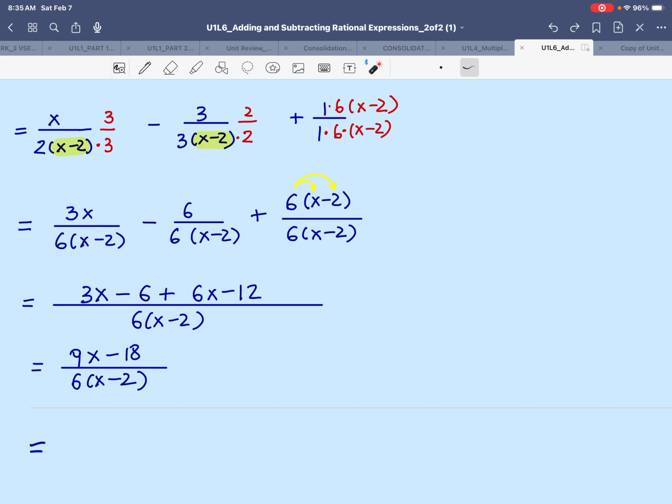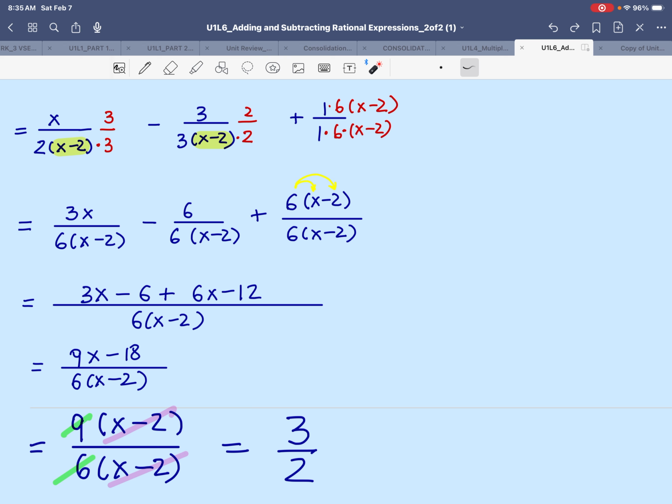So in this case, we have a common factor of 9 and then x minus 2, divided by 6 times x minus 2. As you can see in here, x minus 2 is a common factor, which means that it will simplify, and 9 over 6 will also reduce to 3 over 2.